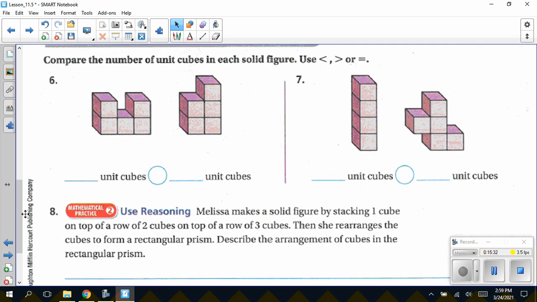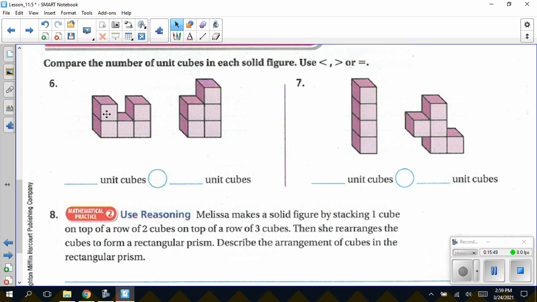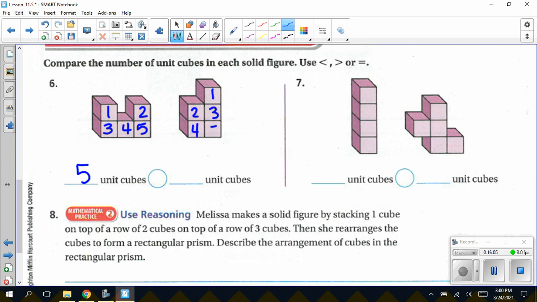You also have a couple of questions on your homework that are similar to 6 and 7. Obviously, we have to count the number of cubes in each of the figures, and then we will use the signs less than, greater than, or equal to. So for number 6, I have 1, 2, 3, 4, 5, so 5 unit cubes. And then on the right, I have 1, 2, 3, 4, 5.